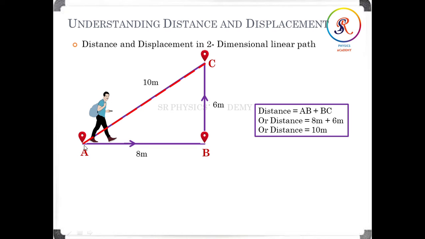So what is the total distance covered? 14 meter. Clear? That means that is how much path he covered, A to B, B to C.